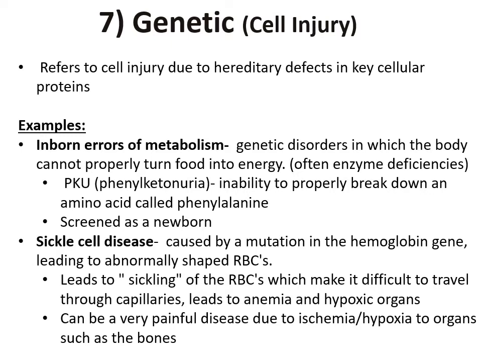And what happens with this? Well, you lack the enzyme to break down an amino acid called phenylalanine. Well, you might think that's a pretty small issue. I can't break down this one amino acid. Well, it's a big issue because now you build up tremendous amounts of phenylalanine, and it causes all kinds of problems in the body and in the infant.